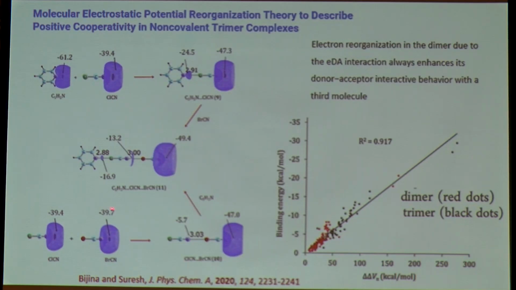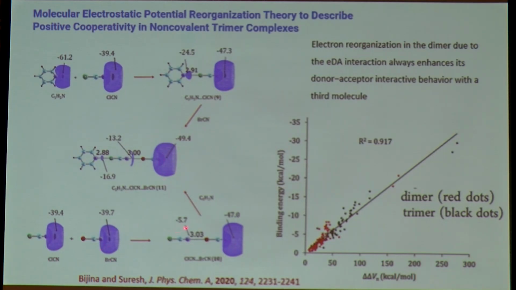Now look at this trimer formation in this way: cyanogen chloride and cyanogen bromide form a dimer here. In this case, there is a halogen bond over here. This is 3.03, but this is 3 angstrom. So this is stronger because this nitrogen is more electron donating to this bromine compared to the other nitrogen donating to this bromine.